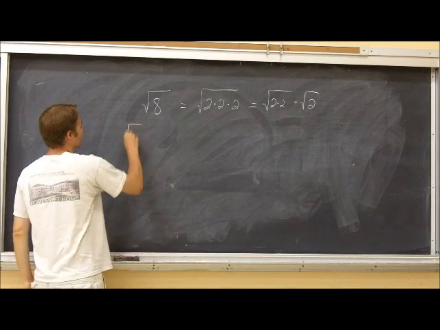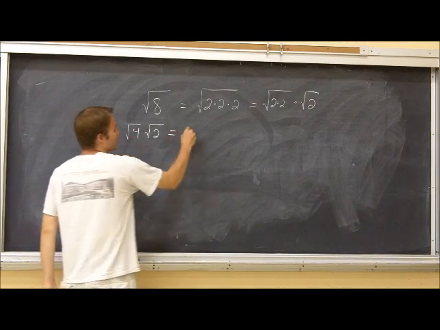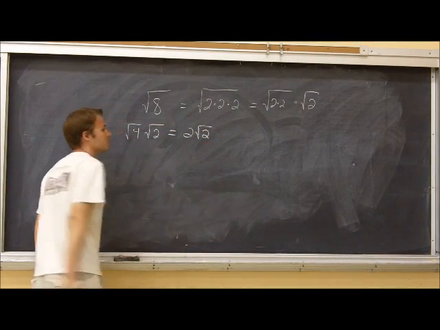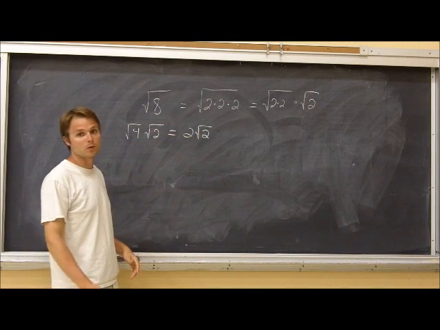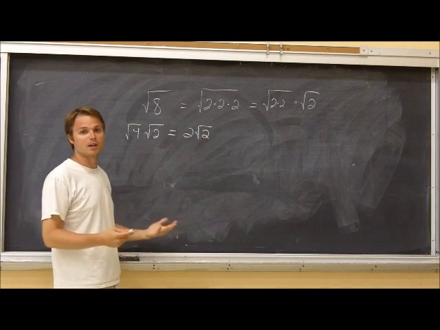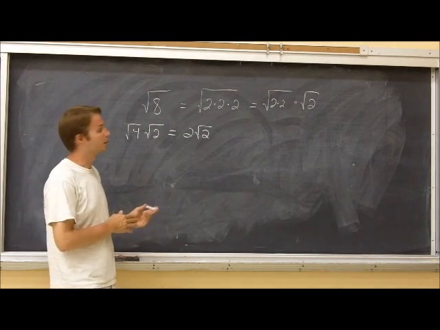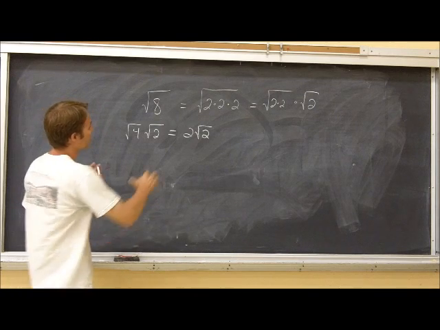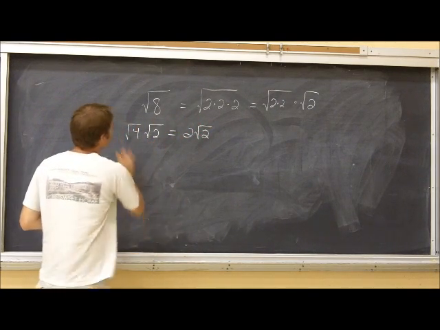So I end up getting the square root of 4 times the square root of 2. But the square root of 4 I know is just 2. So it turns out that the square root of 8 could be simplified to 2 times the square root of 2. This is what we mean when we talk about simplifying radical expressions: getting everything that we can, all the integers, out of the radical expression.